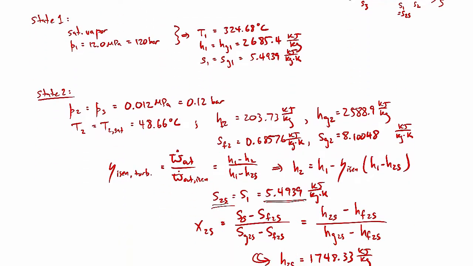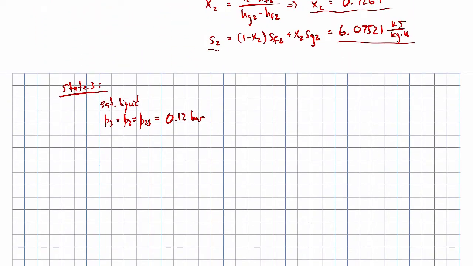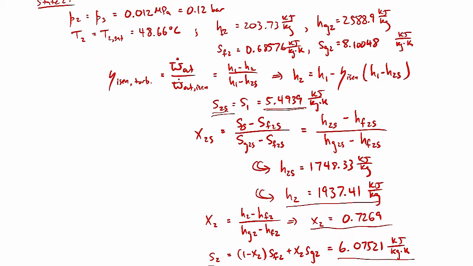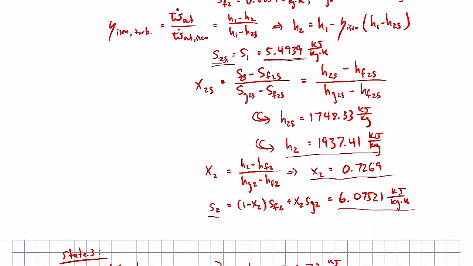Okay, so let's write everything else out there. So h3 will be 203.73 kilojoules per kilogram. That's just the saturated liquid value. So if you come back up here, it's just this value. And then our specific entropy for state 3 will be that value.